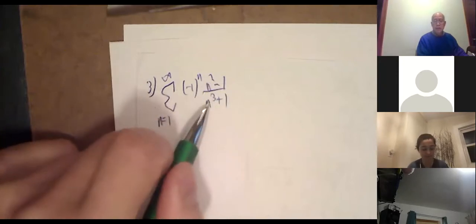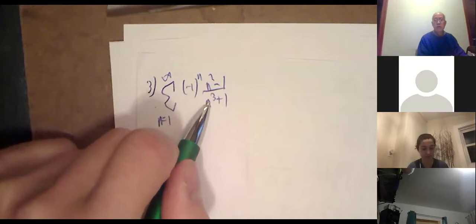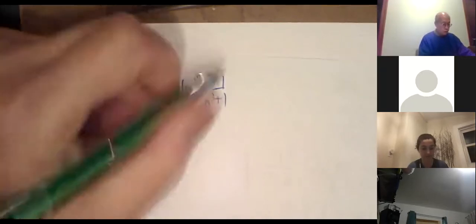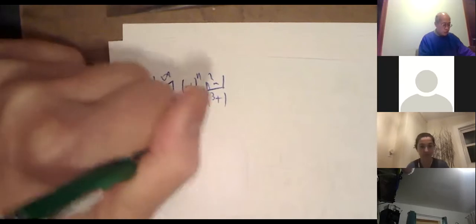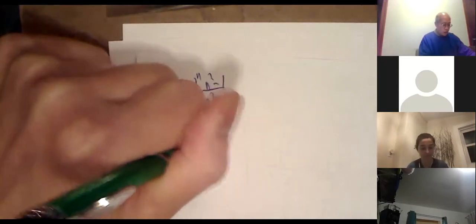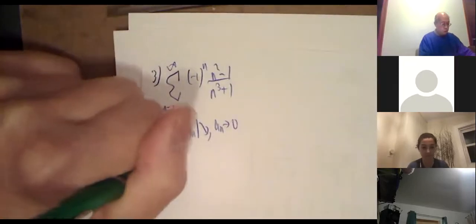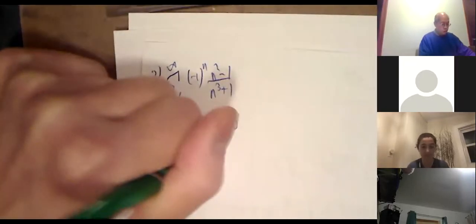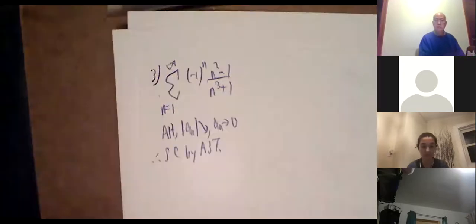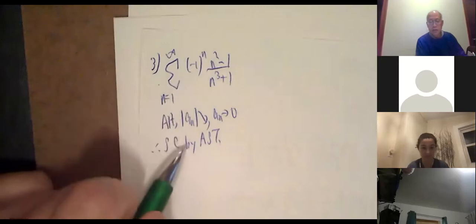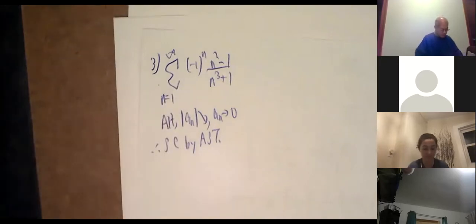That's n squared, that's n cubed. In the long run, which wins? N cubed. So yes, it's alternating. The absolute value of a sub n is decreasing, and a sub n approaches 0. So therefore, this series is convergent by the alternating series test. Okay. So when you see the -1 thing, think alternating series test almost right away.